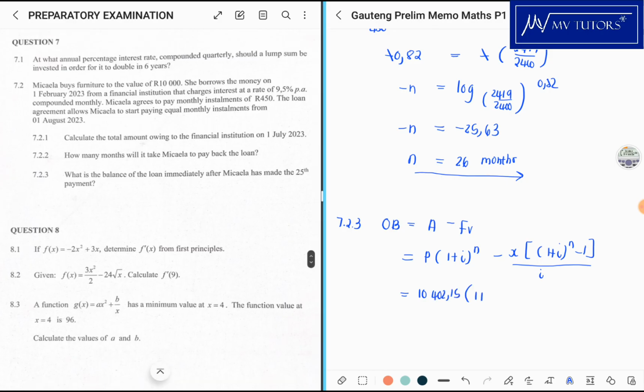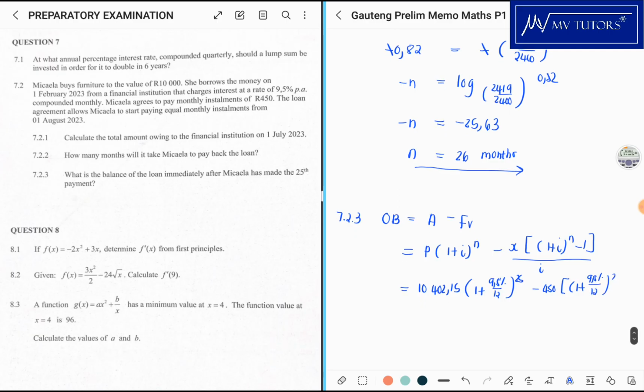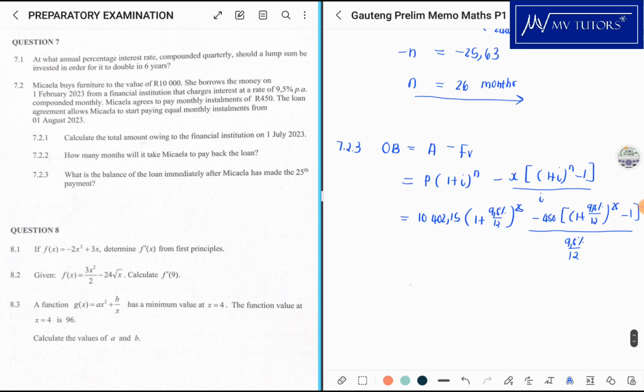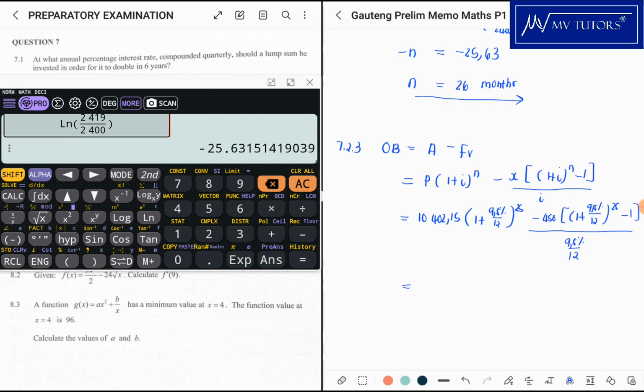And then we have 1 plus the interest rate, 9.5% over 12, to the power 25, minus 450 times 1 plus 9.5% over 12 to the power 25 minus 1, all over 9.5% over 12. Okay, so remember we stored it. Let's just check.